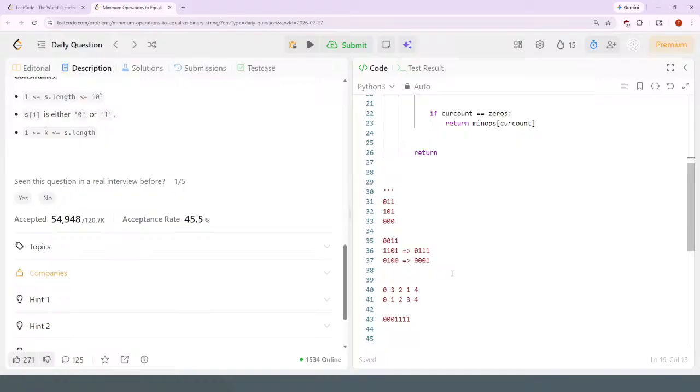Interesting. I'm gonna go up over. K was 5.